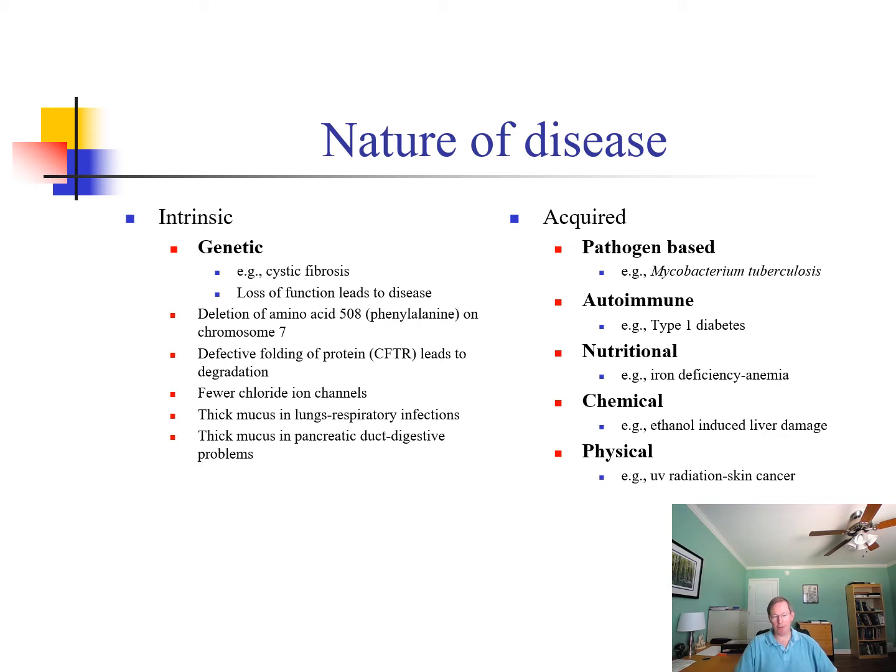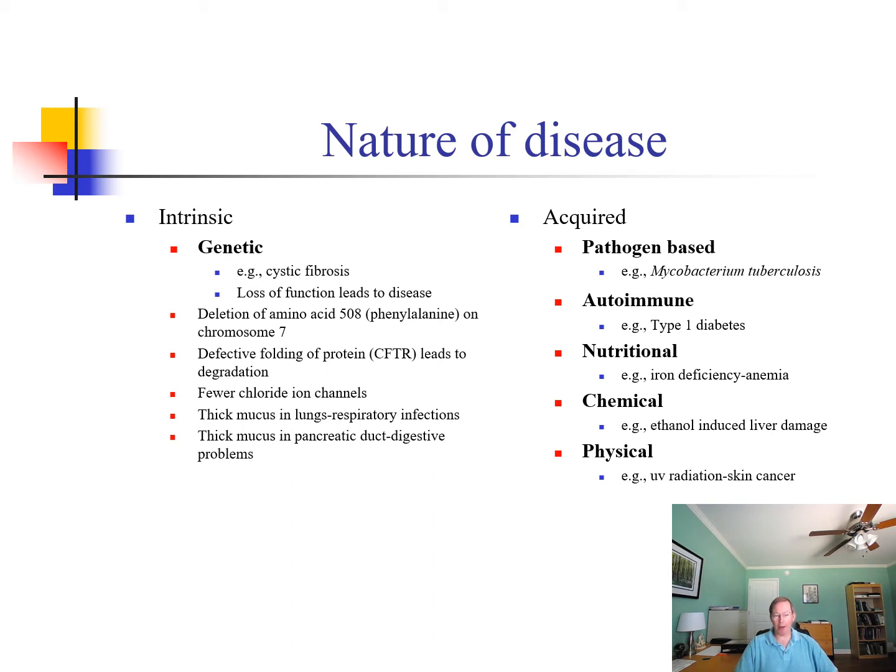And there's a specific deletion on a particular chromosome that leads to a defect in a certain transporter folding properly, and that leads to problems with chloride ion channels, and eventually then leads to thick mucus in my lungs, as well as problems with my digestive tract from my pancreas. So there are a series of genetic diseases that are known within humans.